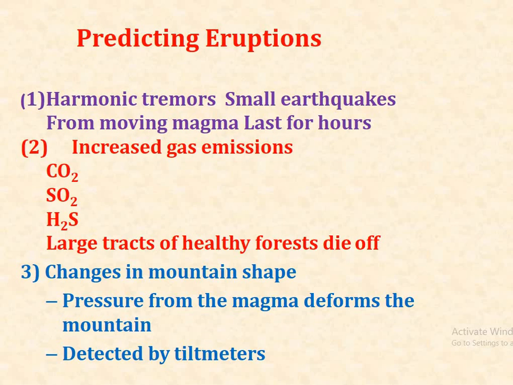Now, predicting eruptions. Can eruptions be predicted? Harmonic tremor: small earthquakes from moving magma, lasting 4 hours. Increased gas emissions, including CO2, SO2, H2S, where a large tract of healthy forest dies off.